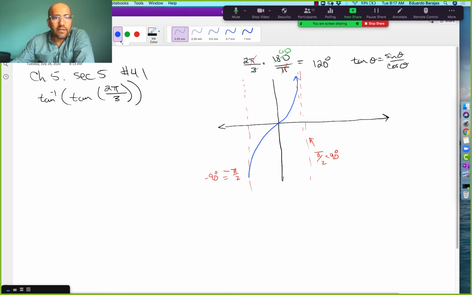Of course, it's periodic, so there's going to be another vertical asymptote over here at the next place that cosine is 0, at 1.5 pi.